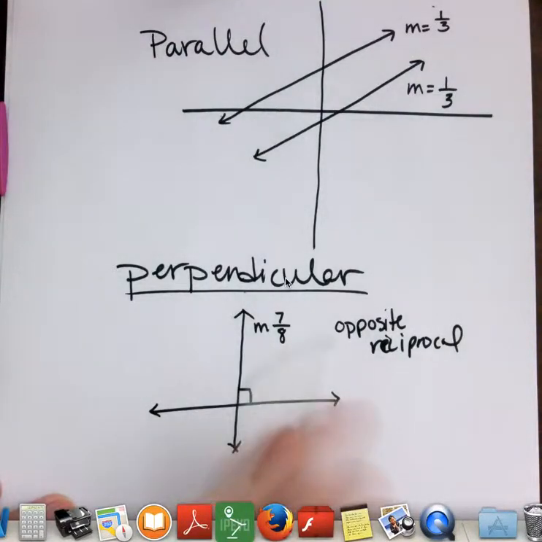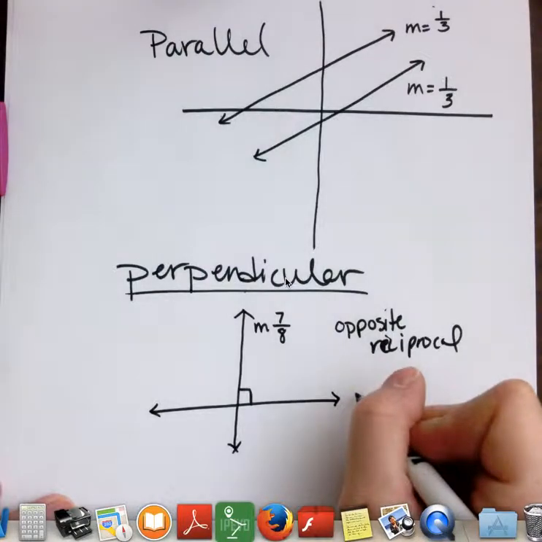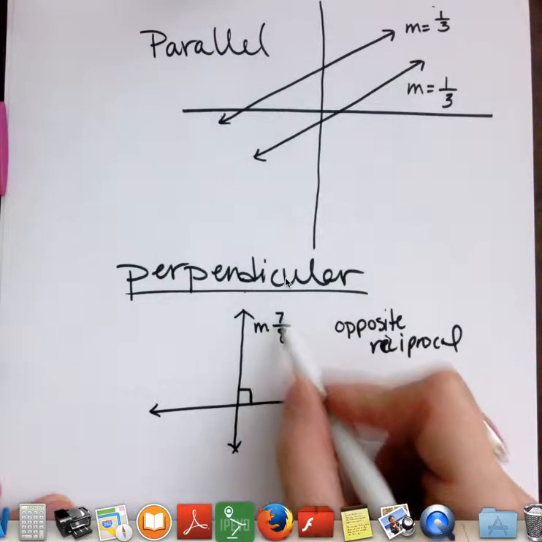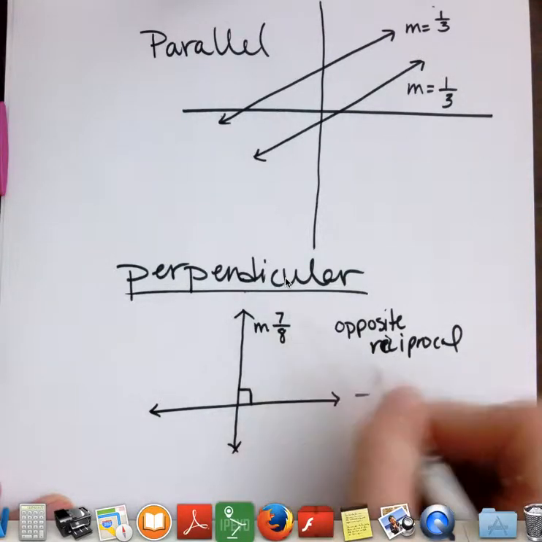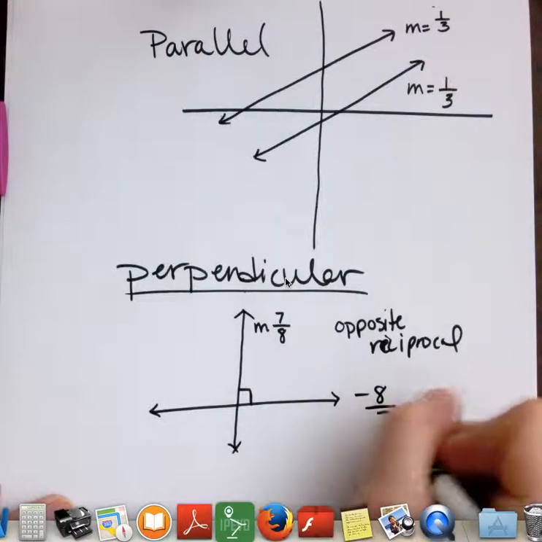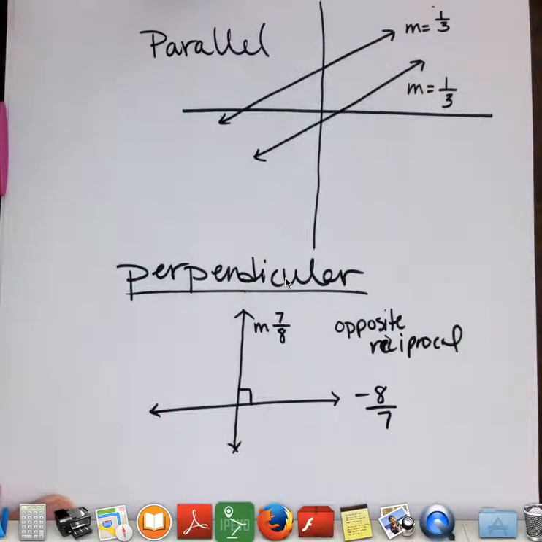It's going a little bit over. Then the slope of this line down here is going to have to be the opposite. So instead of a positive, it's going to be negative. And then the reciprocal is when we flip the fraction. So -8/7. All right? So those are two key things to think about while we do this next part.